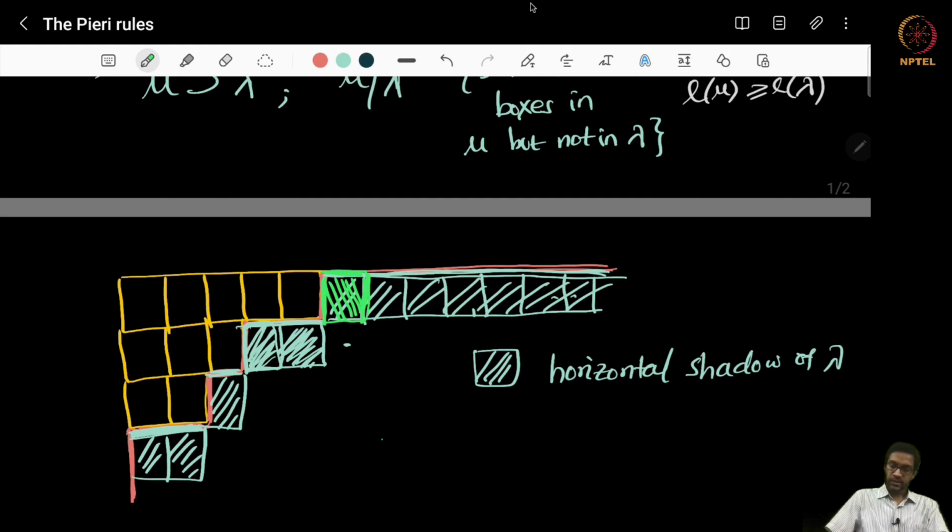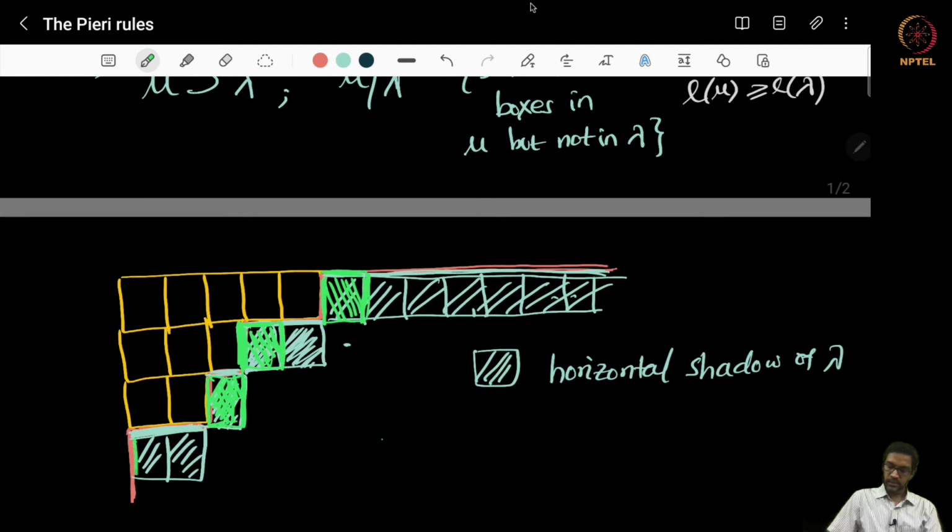Then here is another vertical segment, so this cell is in the vertical shadow. Let's see, here's another one, and all of these.